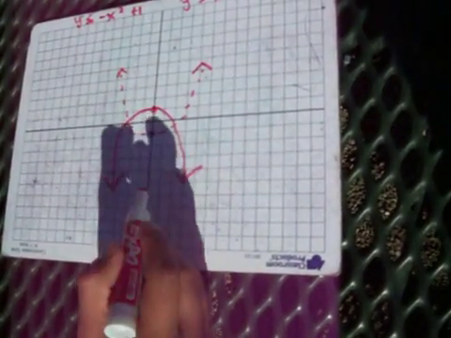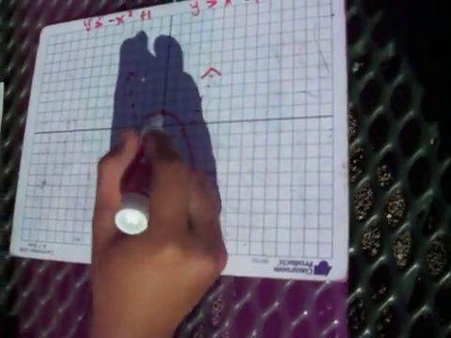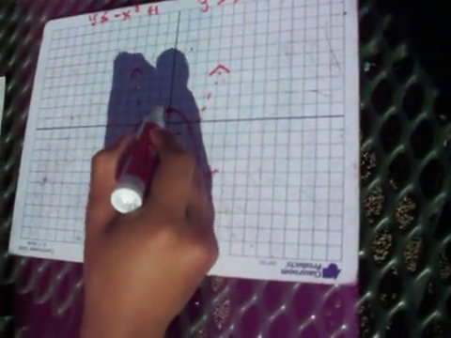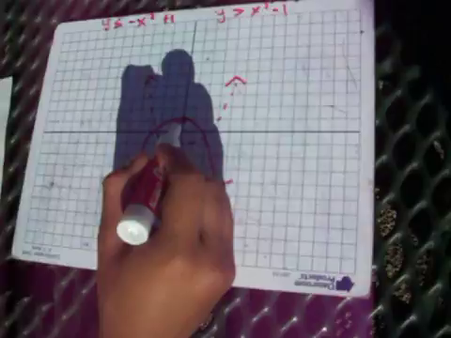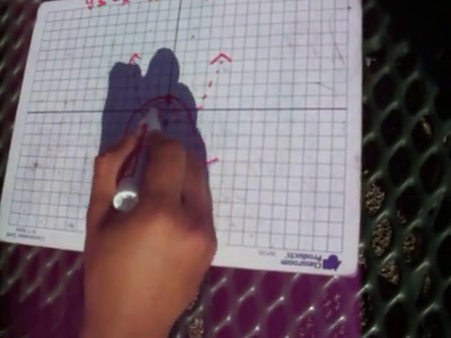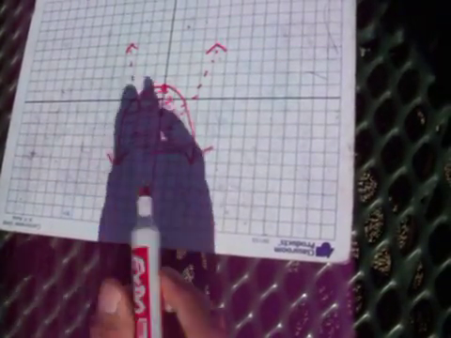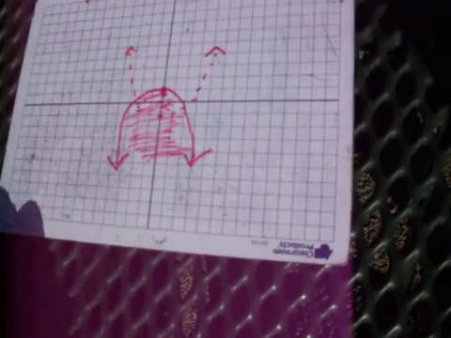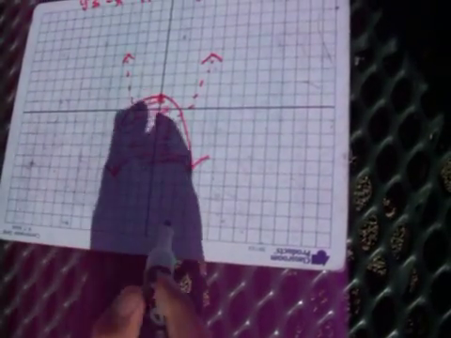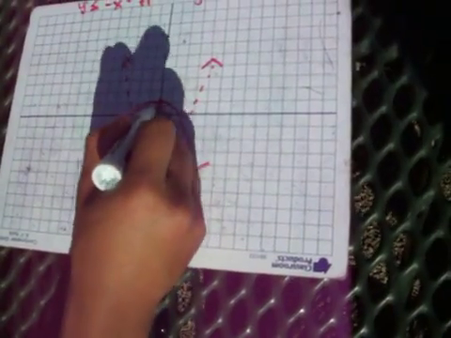A way we can do this is by double shading. So for this parabola it's y is less than or equal to, you can shade right here because it's less than. And then on this other parabola, because it's greater than, we can shade above it.